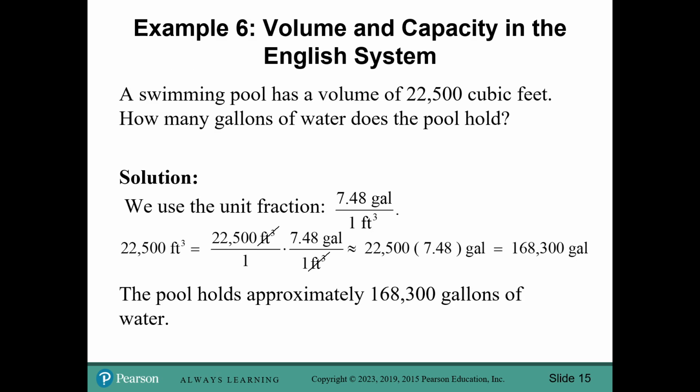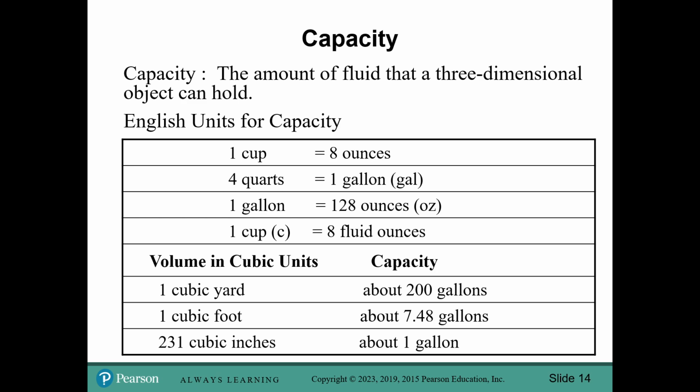Let's see what example 6 is going to ask us. Example 6 for volume and capacity in the English system says a swimming pool has a volume of 22,500 cubic feet. How many gallons of water does the pool hold? Okay, so we know it has a volume of 22,500 cubic feet. We're going for gallons here. If I look back at my chart, I'm trying to go from cubic feet to gallons.